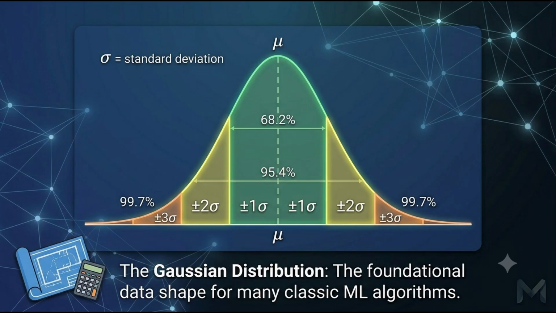If your data is tightly packed, your model faces a different challenge than if your data is wild and highly volatile. We also need to understand how different variables move together, whether a change in one feature pushes another feature up or pulls it down. By mastering these basics, you gain the vocabulary needed to clean your data and judge whether your machine learning models are actually accurate.